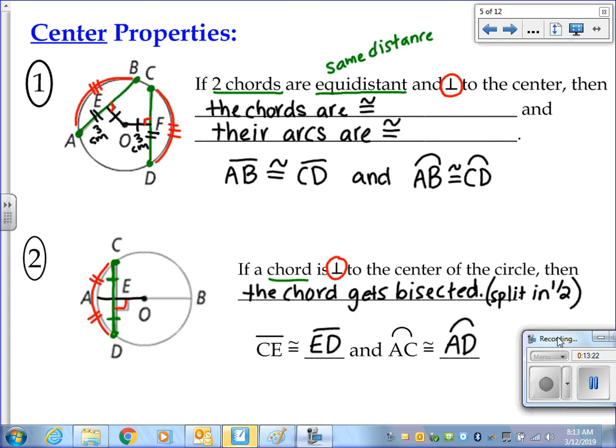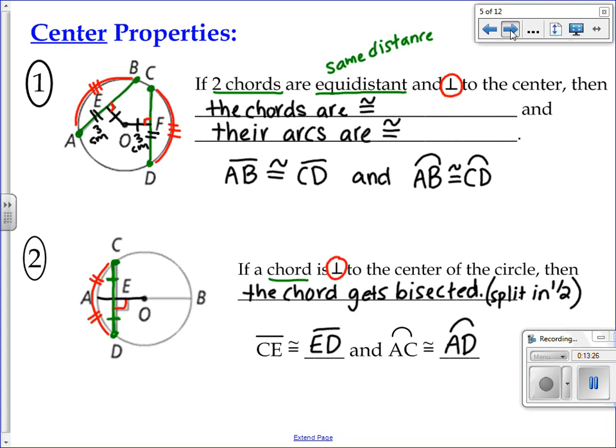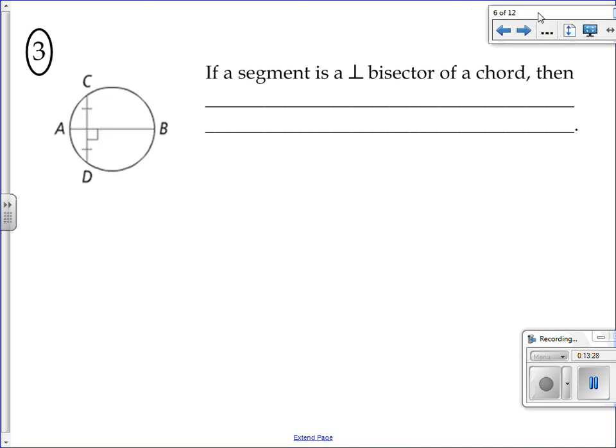Okay, and then there's just one more center property. So let's take a look at number 3. So this one says, if you have a segment that is a perpendicular bisector of a chord, okay, so it means I have two things. I have a segment and I have a chord, and one of them is a perpendicular bisector.